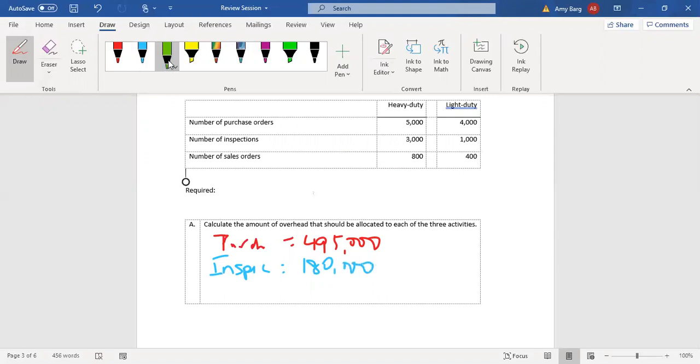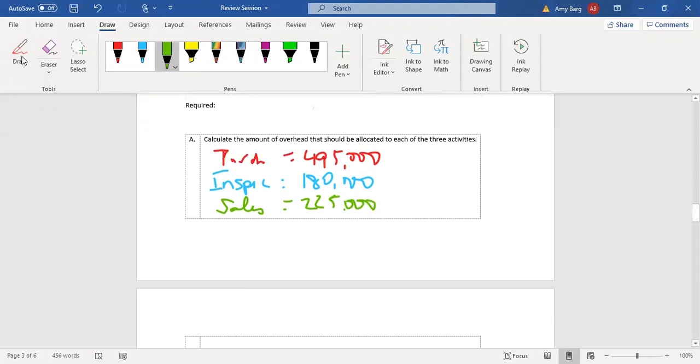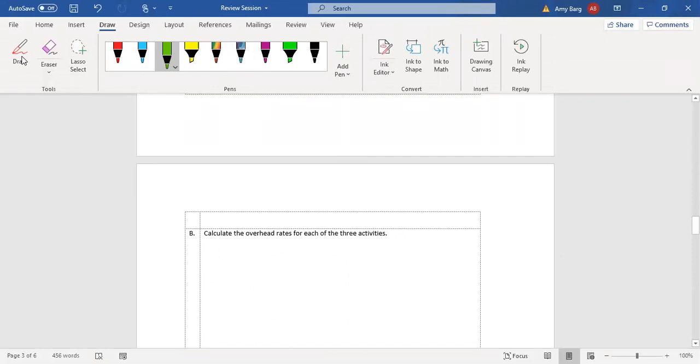And we can say that sales were 225,000. Easy so far, right? So now B wants us to calculate the overhead rates for each of these activities.